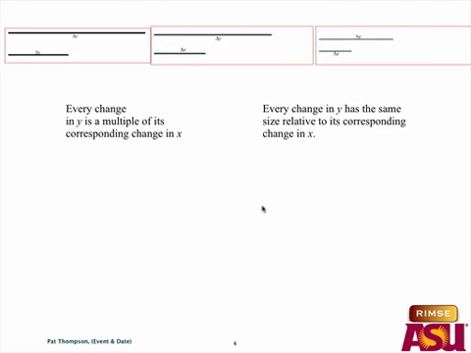And this is what we said. Every change in y is a multiple of its corresponding change in x. What multiple did we say that was? 2.1. So, delta y1 equals 2.1 delta x1. Different change in y, but it's still 2.1 times its corresponding change in x.